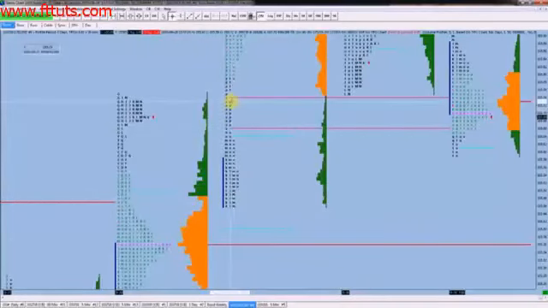The buyers said, okay, maybe we didn't get where we wanted to buy down here, we never got to be aggressive at that price point, so we're now going to have to be aggressive at the higher time frame, and the market accelerates. Where you have gaps in value area, as we have here, you should always be looking for the market to come back and trade that value area.